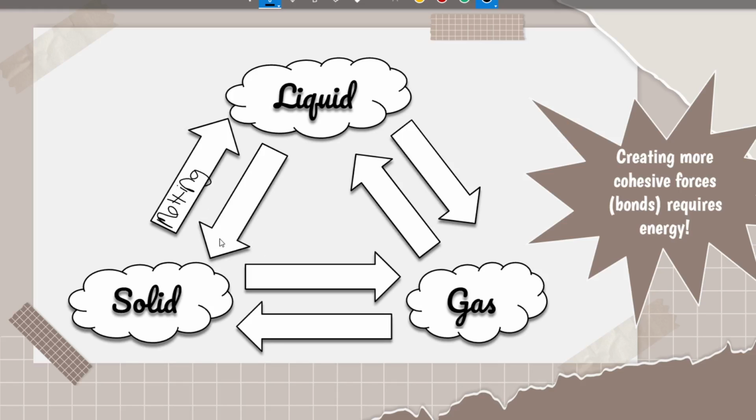If you're going from a liquid to a solid, you are freezing. If you're going from a solid to a gas, this is going to be sublimation. This is deposition, if you're going from a gas to a solid.